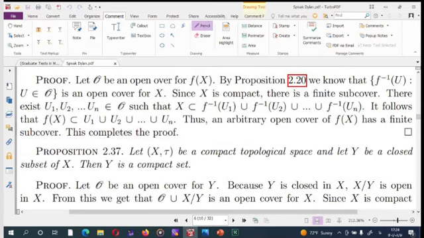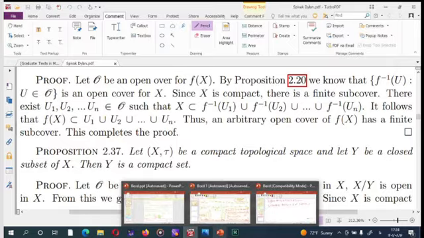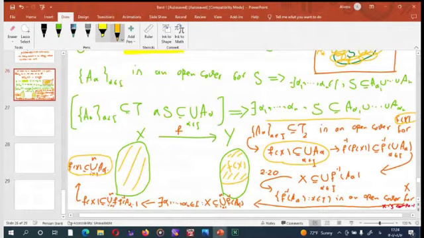And this is very important, that any compact set image to a compact set by continuous function. It is important, it is continuous, okay?